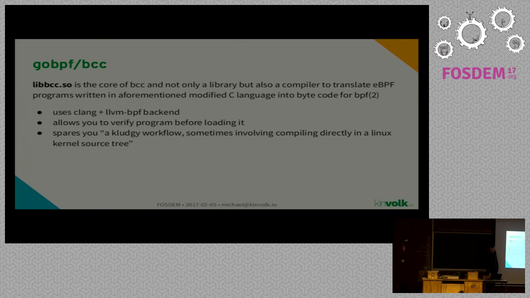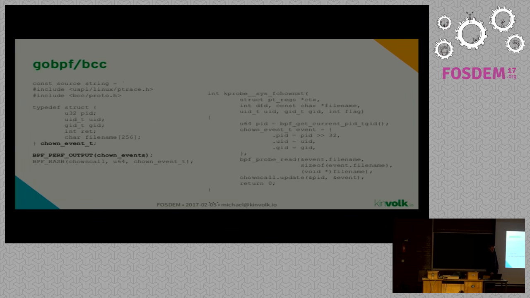So I will show you a bit of source code. This is a snippet from the example tool in the Go.bpf repository, and as you can see here, we just define a source variable and put our C code in there. Two important things here.